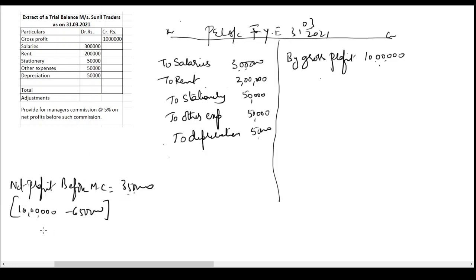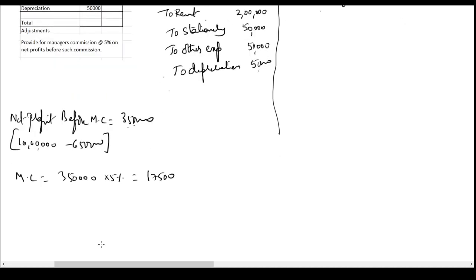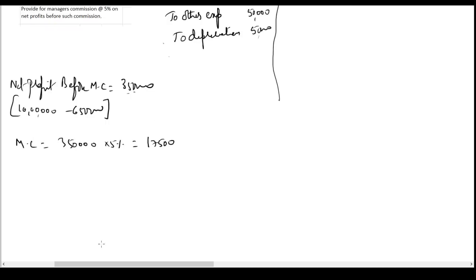So on 3 lakh 50,000, manager's commission is 3 lakhs 50,000 into 5%. So 5% will be 17,500. So we have determined that the manager has to be paid a commission of 17,500 rupees.